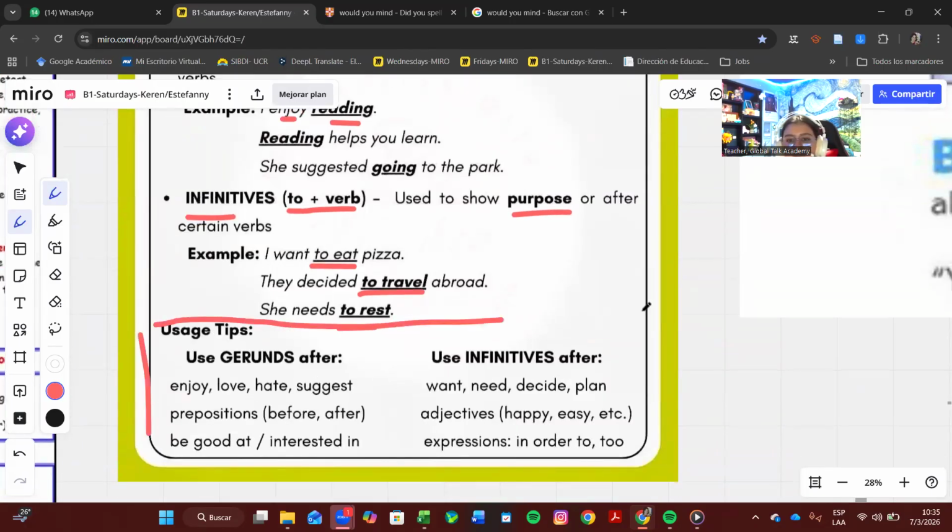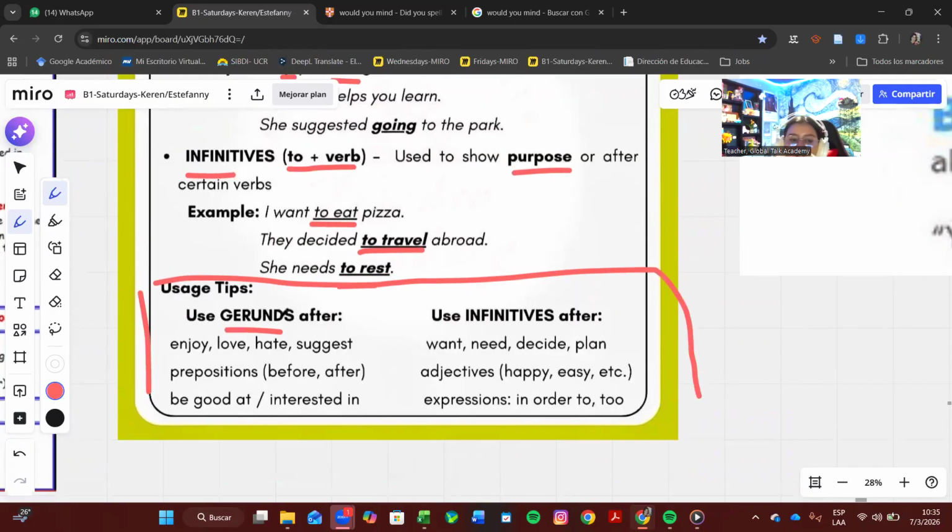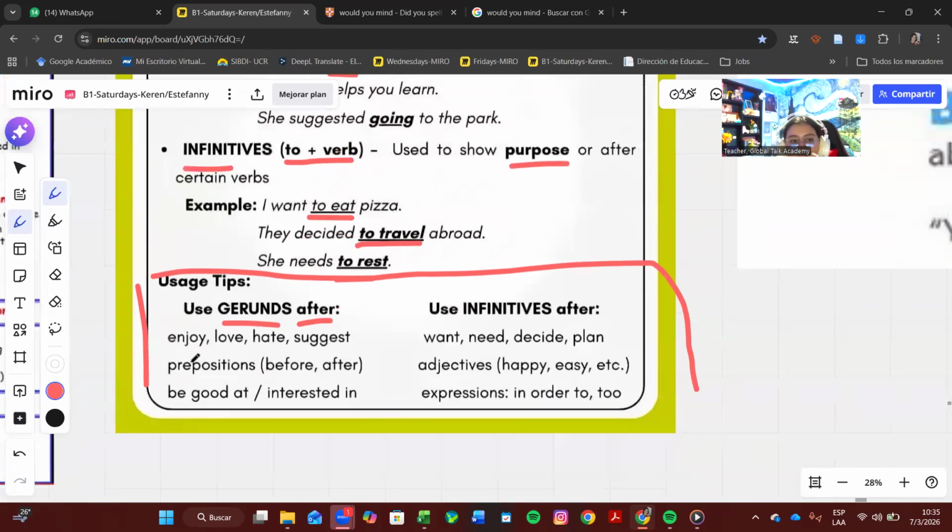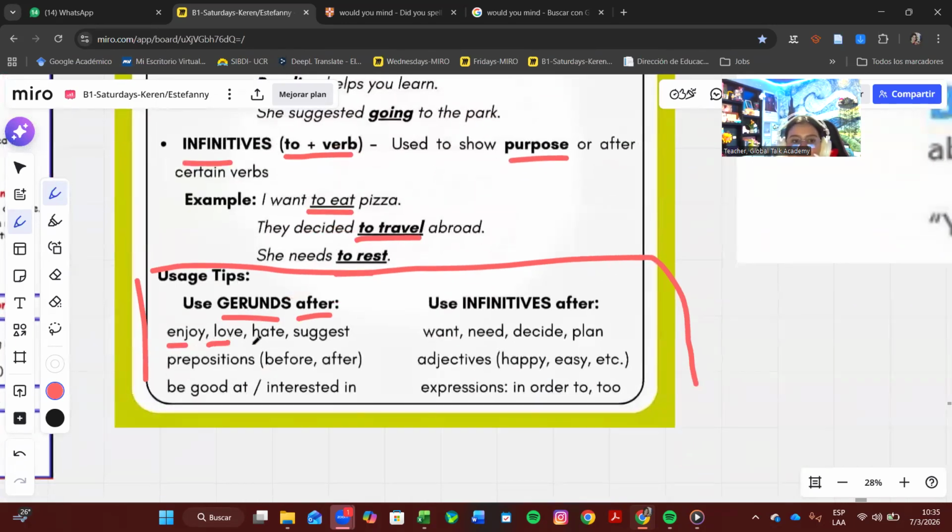When we have certain verbs, we should use gerunds. So we use gerunds after verbs like enjoy, love, hate, suggest, and after prepositions like before, after, be good at, or interested in.